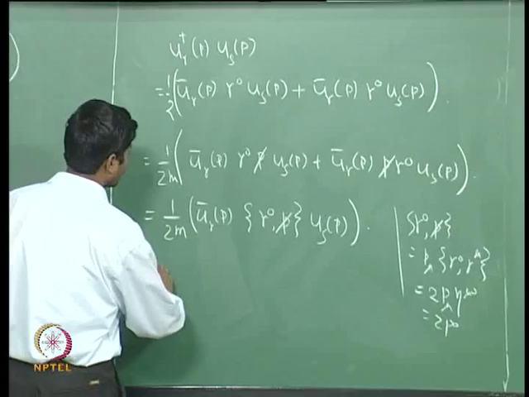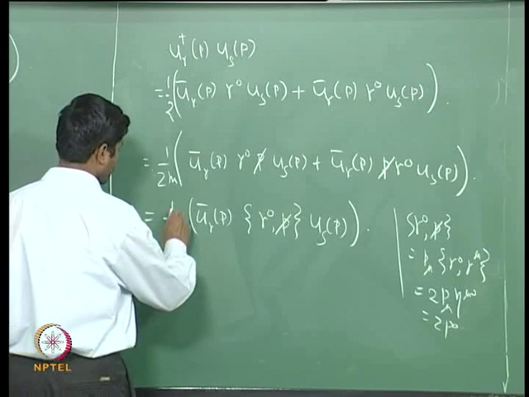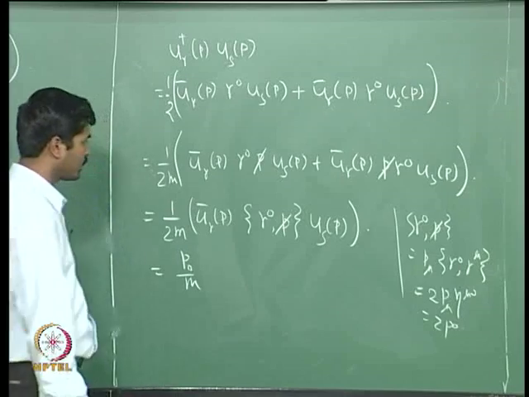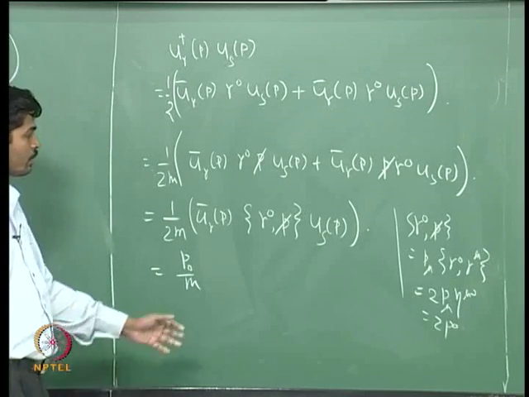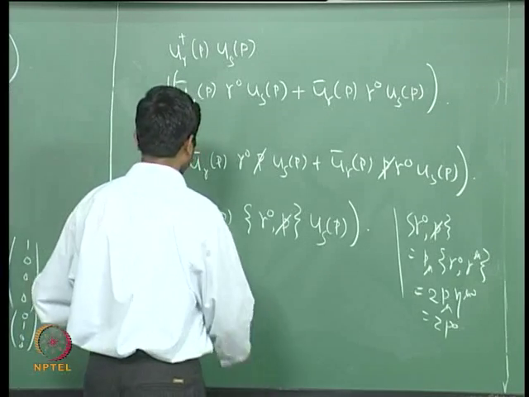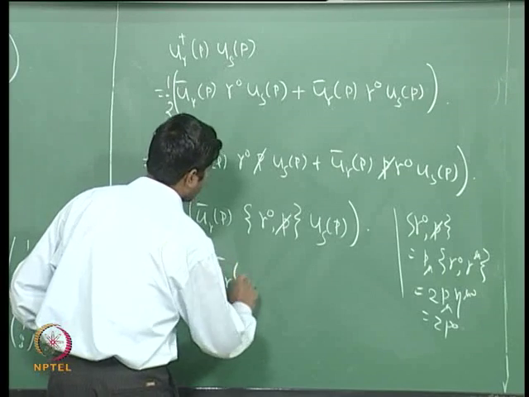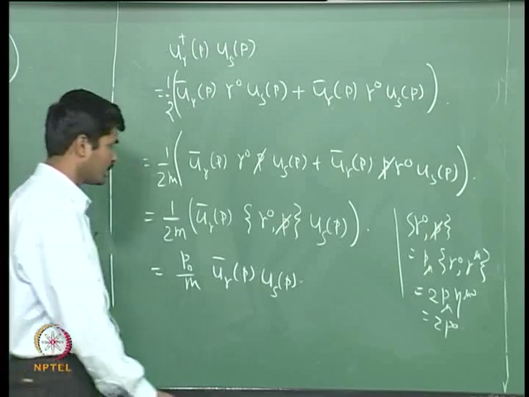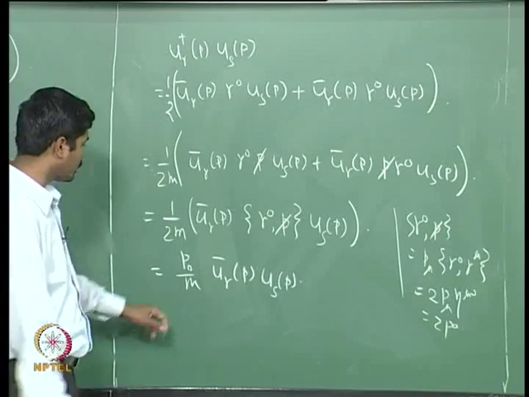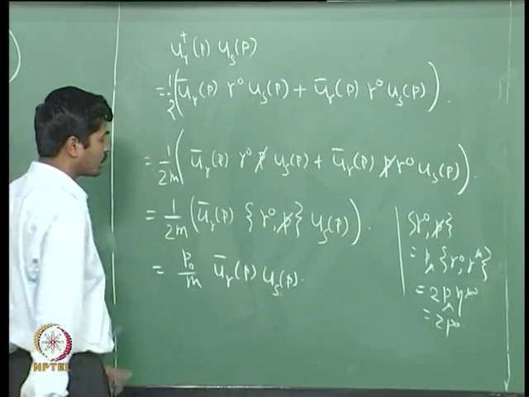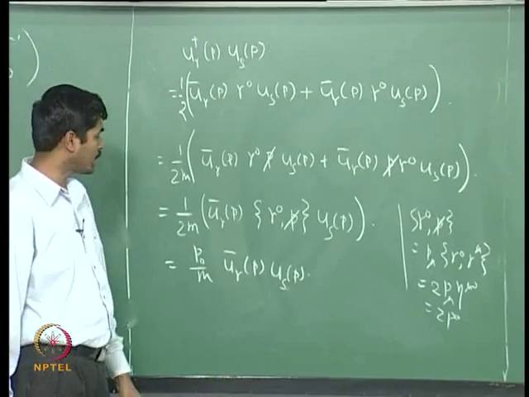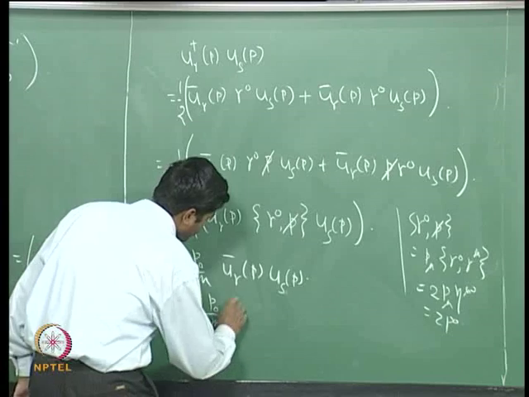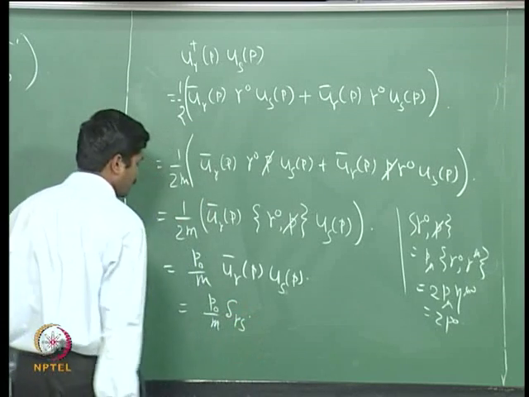So, what we have got here is p 0 over m, which is just a number. So, I can just pull it out, u bar r p u s p. So, this is nothing but u bar r p u s p is simply delta r s. So, you get p 0 over m delta r s.